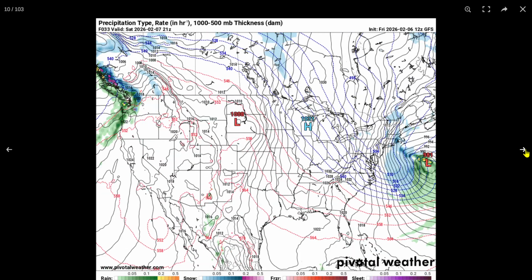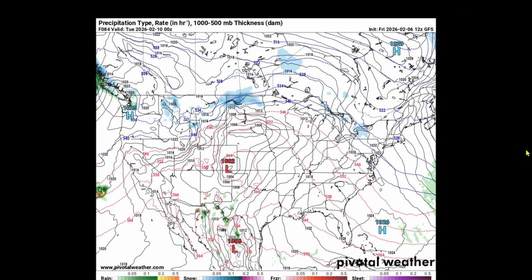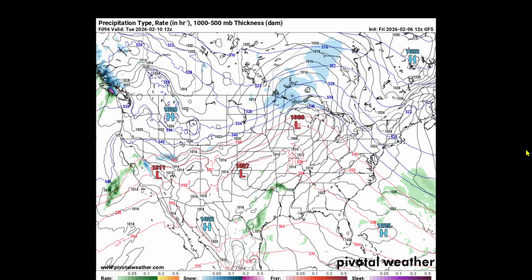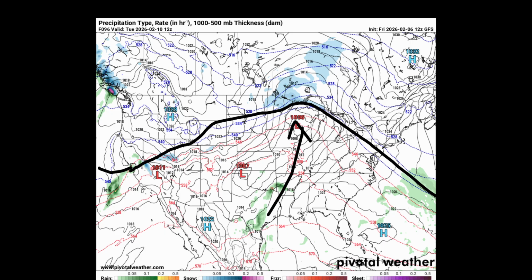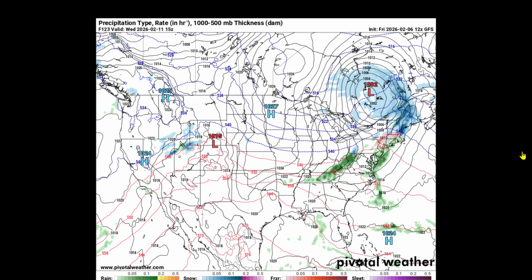And as this ridge continues to move east, it shifts more east, and then we get this pattern of troughing out west, ridging out east. So models continuously show ridge out east, trough out in the west. That's the general pattern of what we've been seeing.